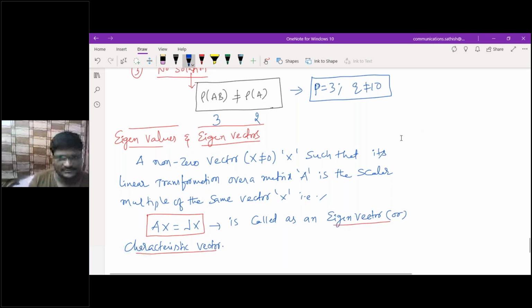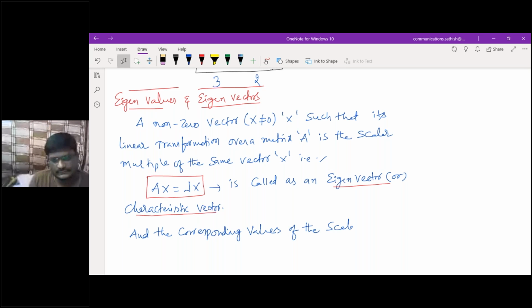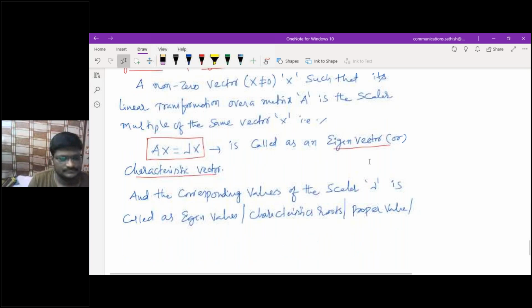Then, continuation: and the corresponding values of the scalar lambda are called eigenvalues, characteristic roots, proper values, and latent roots.